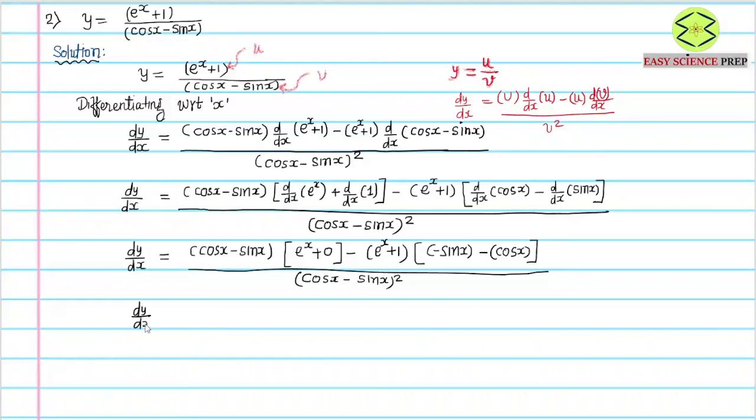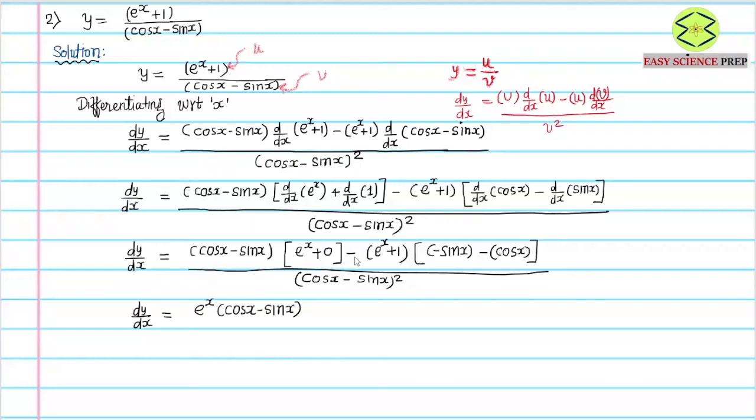So dy by dx. We only simplify to the extent it is useful. Unnecessarily we don't simplify anything. Okay, so it is simply e raised to x. So I can write down e raised to x outside the bracket here, cos x minus sin x. And here, it is minus sin x, minus cos x.